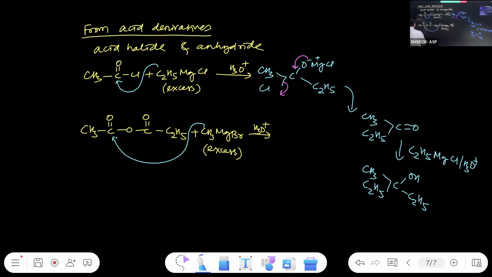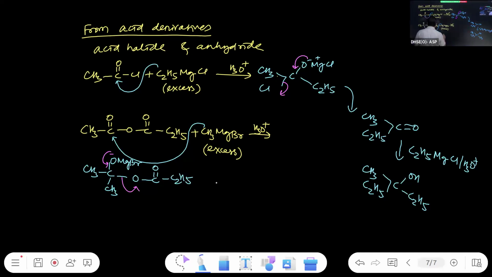Okay, so first step, it is O, magnesium bromide, oxygen, and it is CH3. So next what will happen? Attack will occur, and we know carboxylate ion is also one of the better leaving groups, because after releasing, the carboxylate ion will be stabilized by resonance, so it is a better leaving group. So what will be the next step?